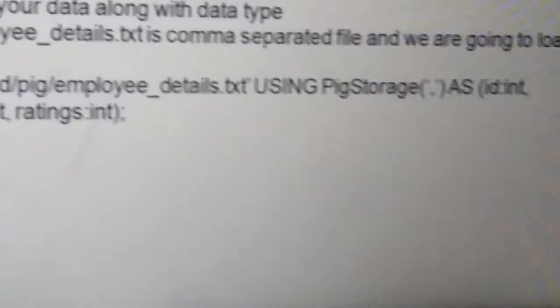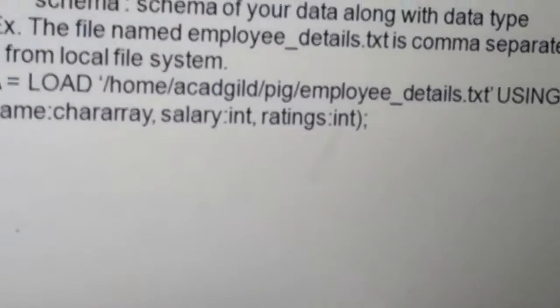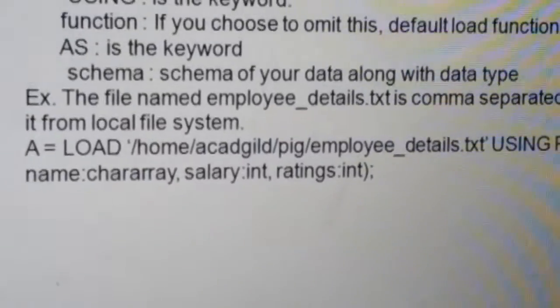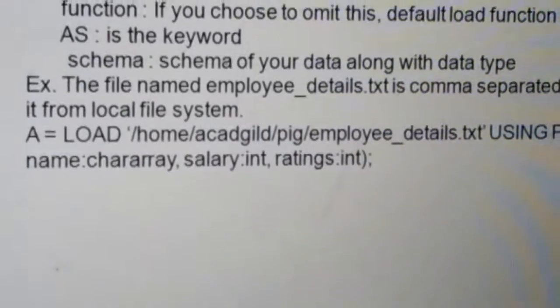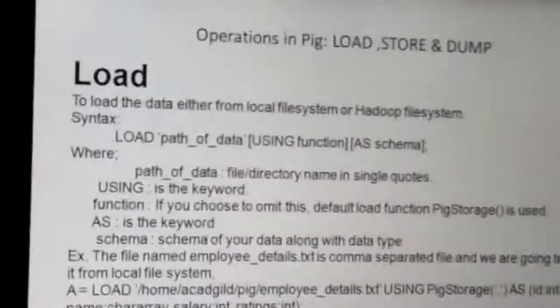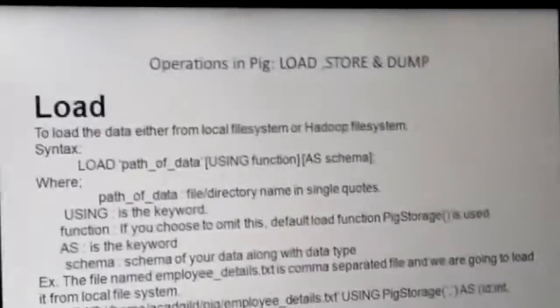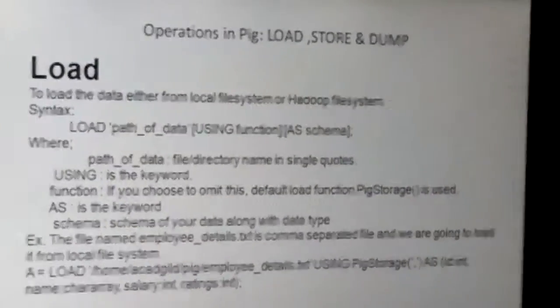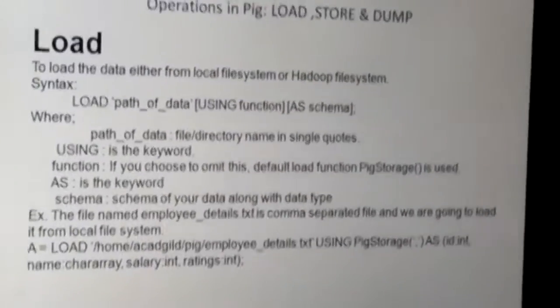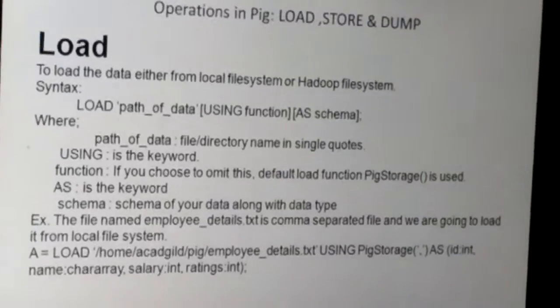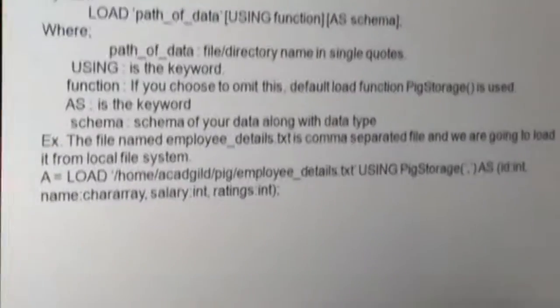This shows the path of the data where that employees details .txt file is stored, then using, then PigStorage, then as shows the schema, as followed by id, then its data type, name, then data type, and so on. Path of the data is the file or directory name in single quotes, and using is the keyword.